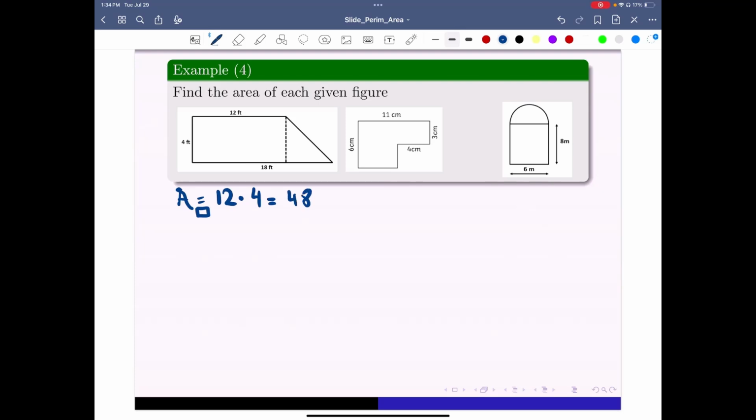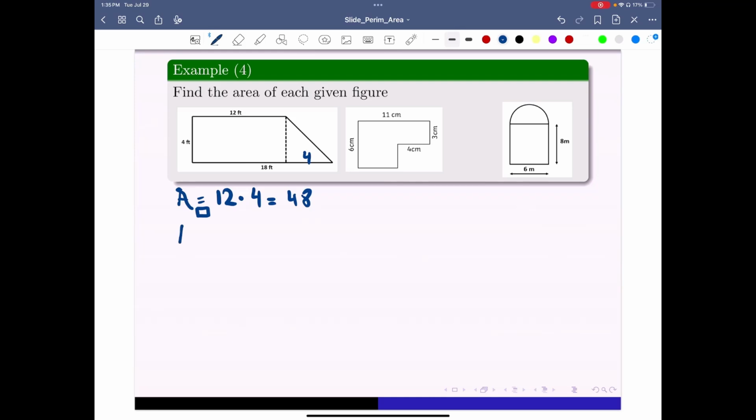Now, if this distance is 12 and the total distance is 18, we subtract this 12, and we would have this side.